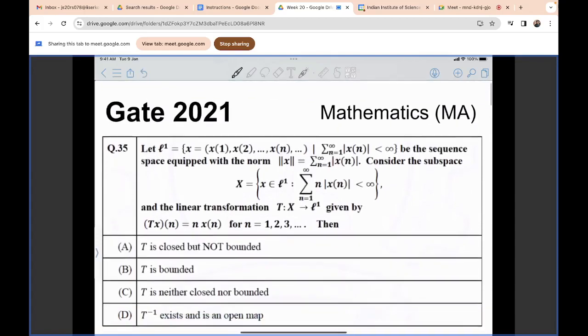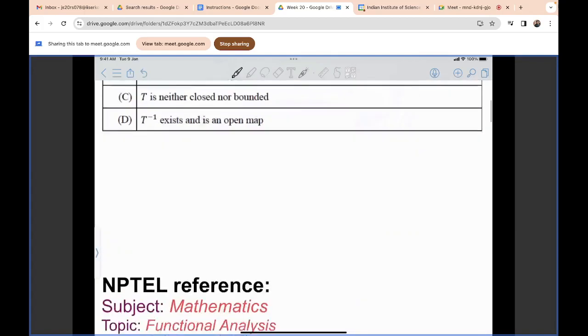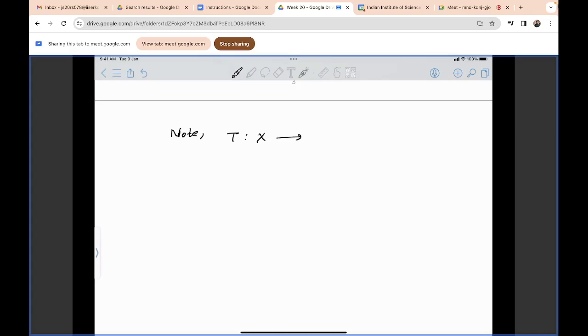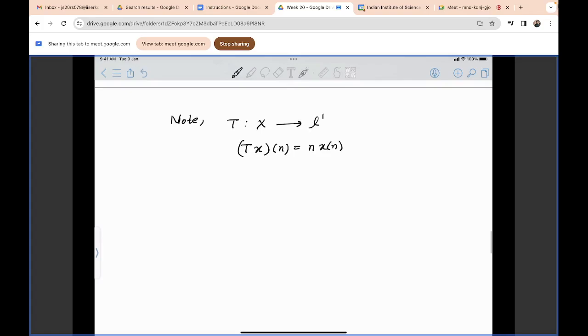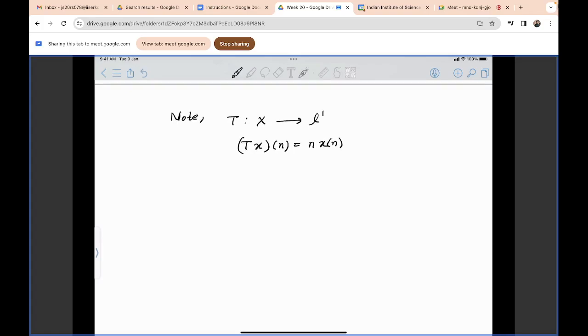Now next we have to check the other option, whether T inverse exists. For that we have to check whether T is one-one and onto. So what is T? T is from X to L1, T of xn is n xn. Note that by definition, T is onto, right? Why?